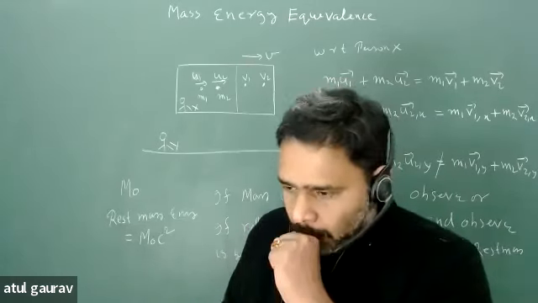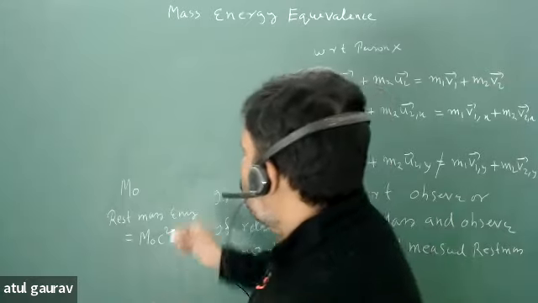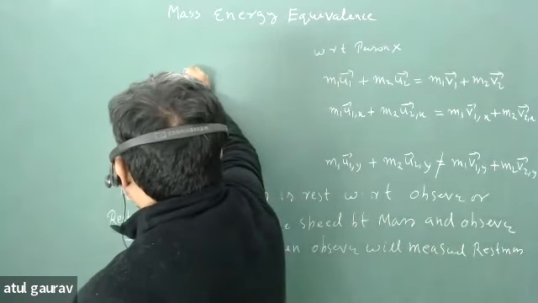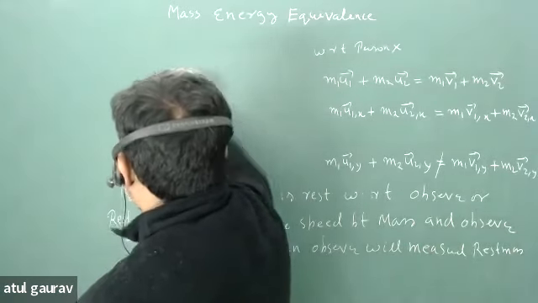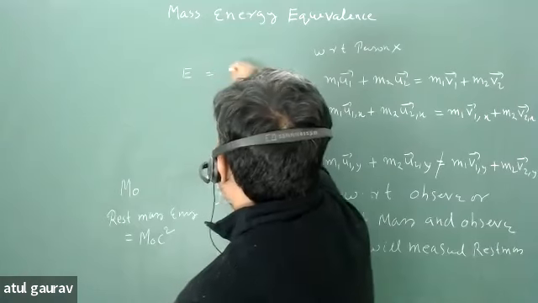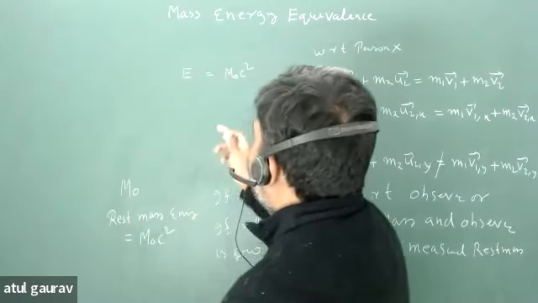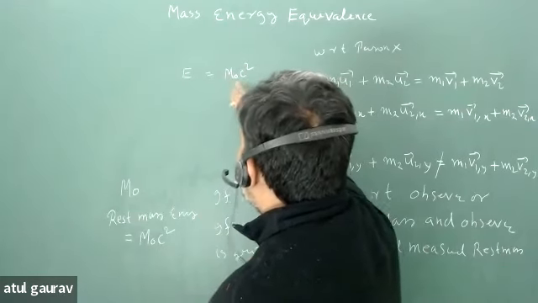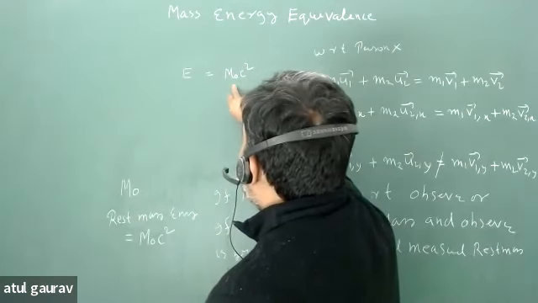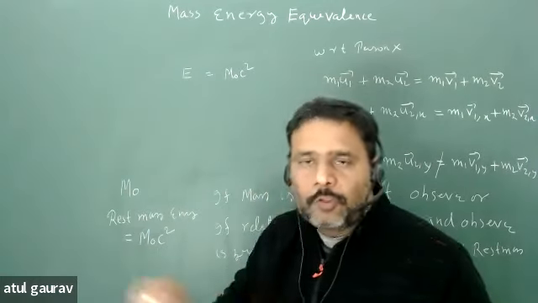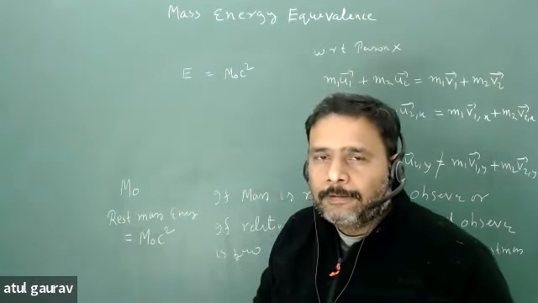Just try to think in terms of energy. Suppose anything is going to move, suppose its rest mass is m naught, and the minimum energy you can take is m naught c square, and if this particle is going to move, then which type of energy do you have due to motion of the particle?